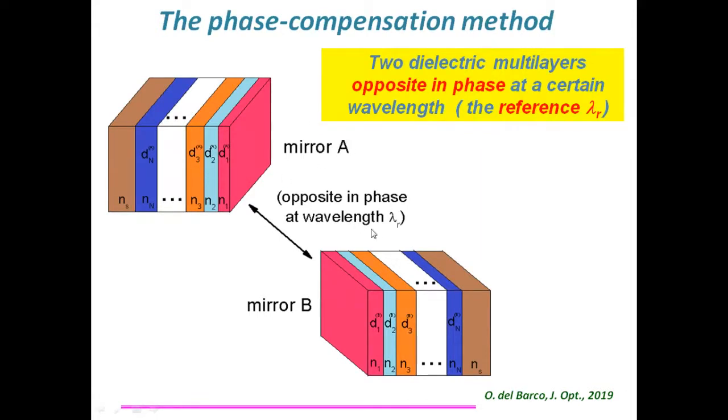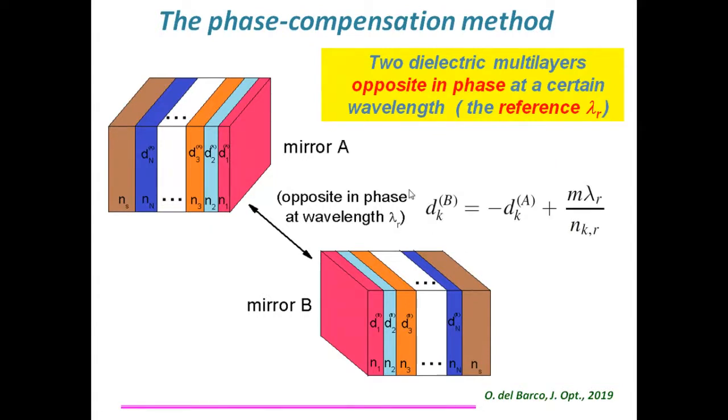For mirror A, we want different mirrors B, which use the same materials, say N1 is the same as N1, and N2 the same as N2, but with different thicknesses. They are opposite in phase, phi, at a certain wavelength.